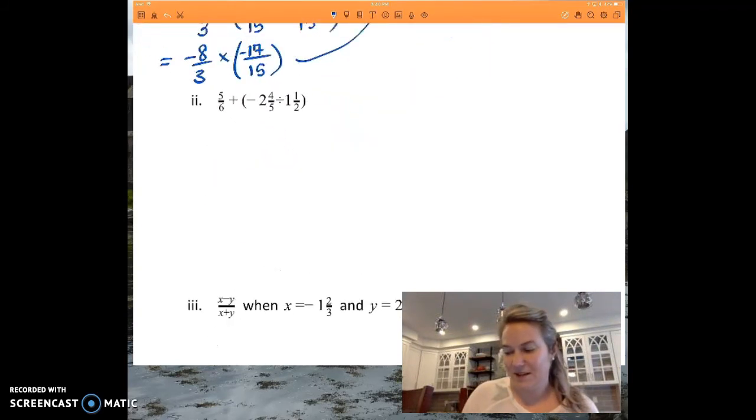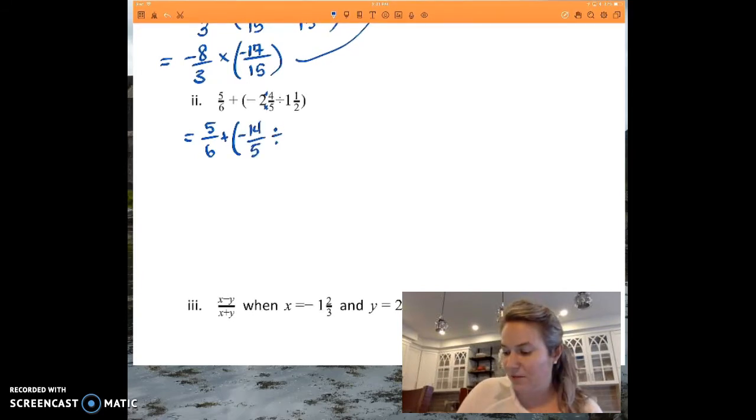Let's take a look at this one. So once again, I'm going to convert those mixed numbers right at the very beginning. So I'm going to start with a new statement. I'm going to keep that 5/6. 2 times 5 is 10, plus 4 is 14/5, and it's negative.